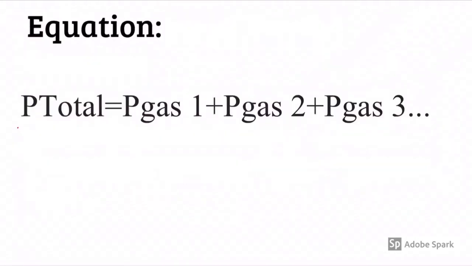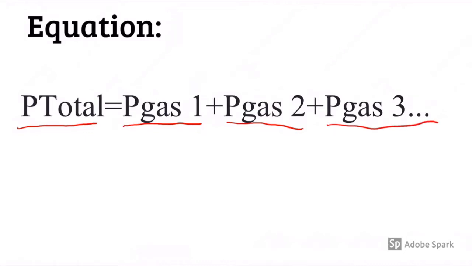The equation for Dalton's law says that P total, or the total pressure, is equal to the pressure of gas 1 plus the pressure of gas 2 plus the pressure of gas 3, and so on. In other words, the total is equal to all the pieces put together.